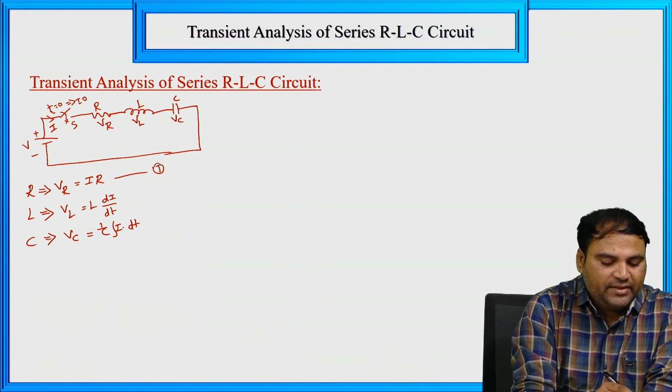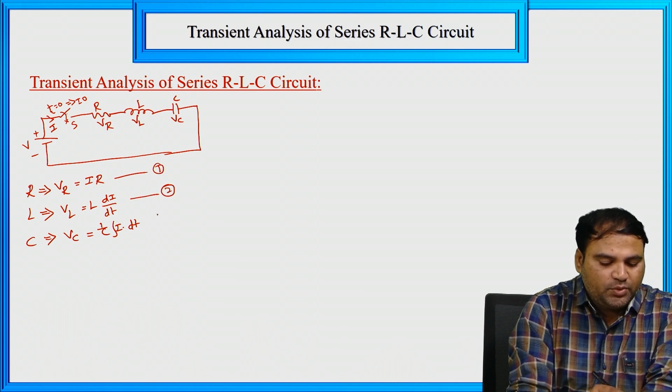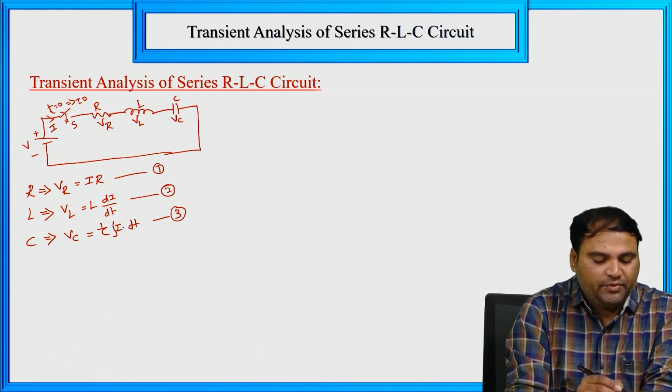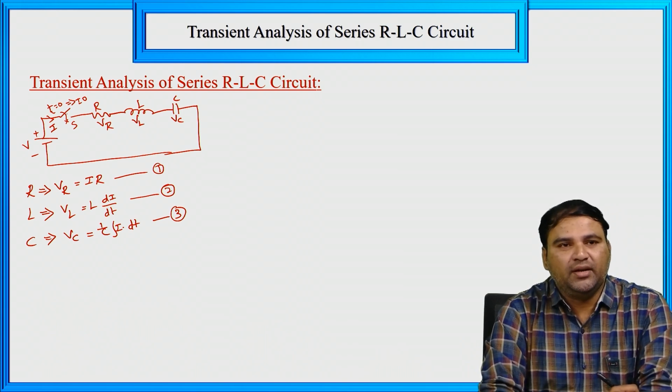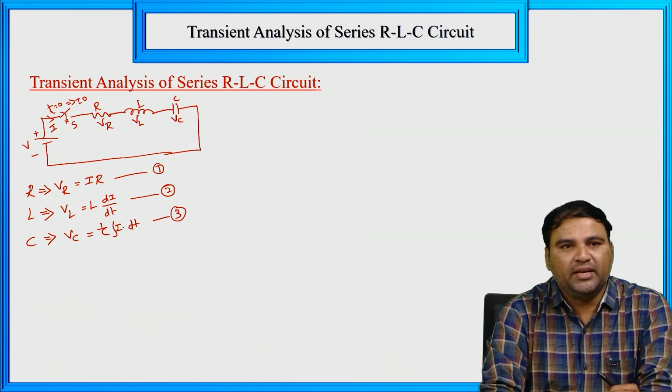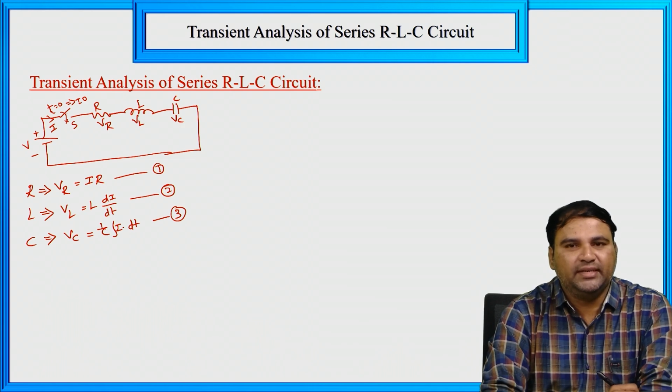Let us take these as equation numbers 1, 2 and 3. So, we have the voltage equations: VR equal to I into R at the resistor, VL equal to L into di by dt at the inductor, VC equal to 1 by C integral of I dt at the capacitor.